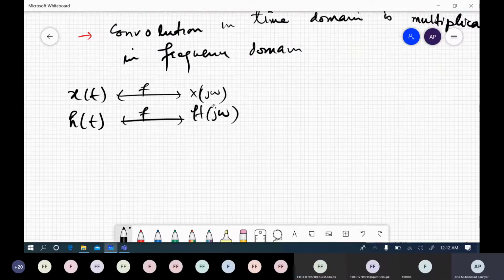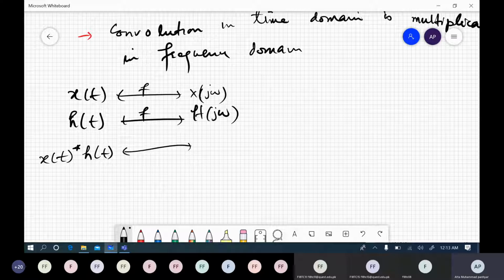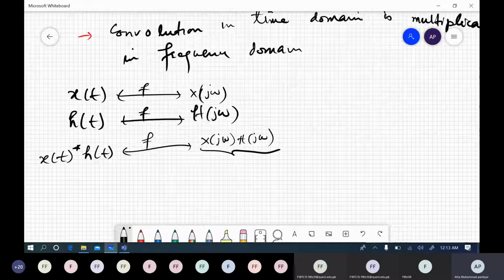Few books write only omega and few write j omega. OpenM follows j omega, right? So for example, if both these signals in time domain are convolved with each other, then their associated frequency spectrum must be multiplied. So we would see when we discuss modulation, you would see the application of these properties very well.